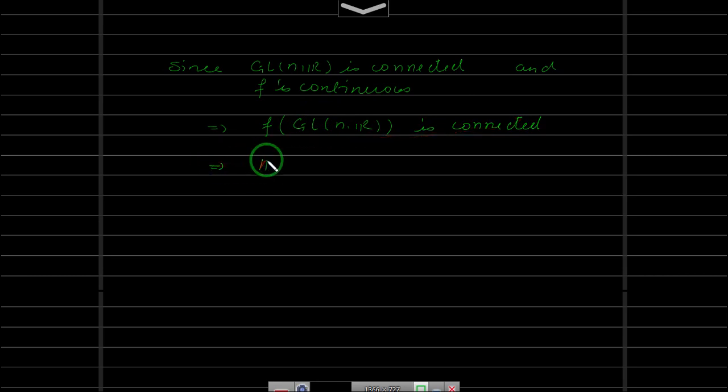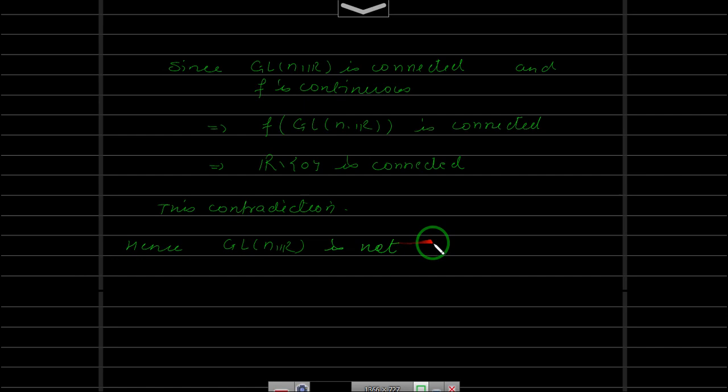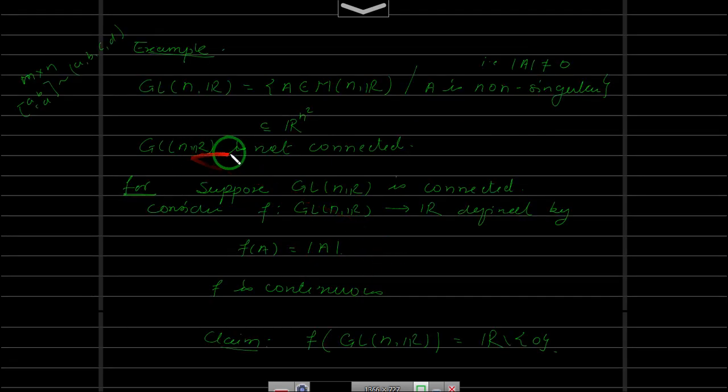This implies R minus the singleton 0 is connected, which is a contradiction. Why is this a contradiction? Analyze. R minus the singleton 0 we are saying is connected, and this gives a contradiction, and hence GLnR is not connected. Okay, so GLnR is not connected.